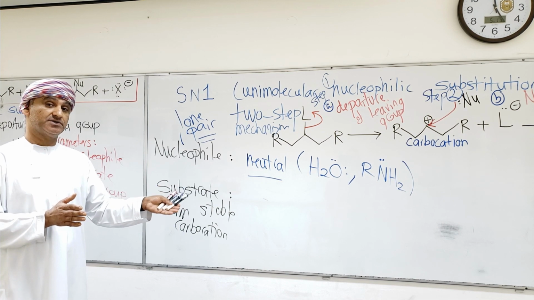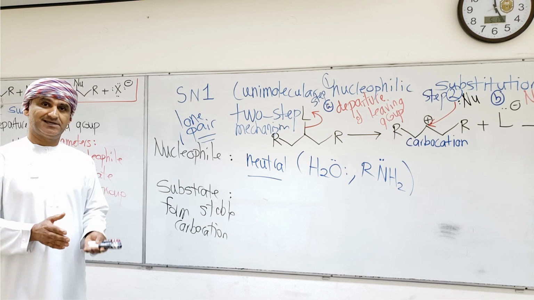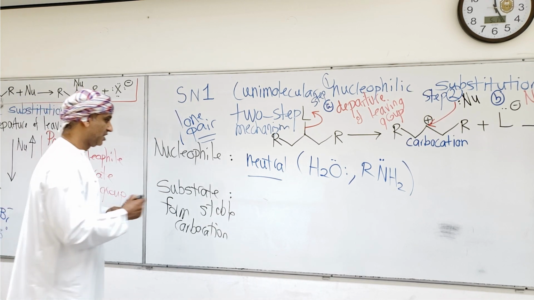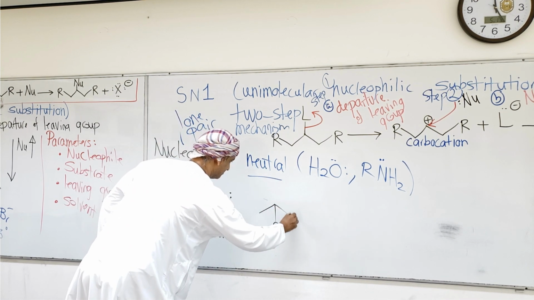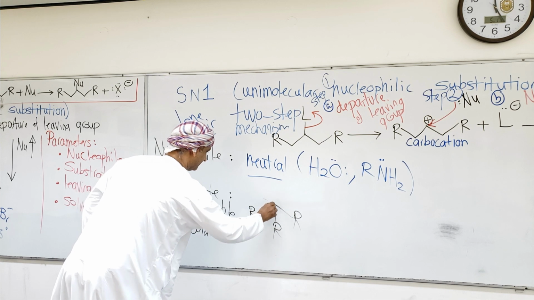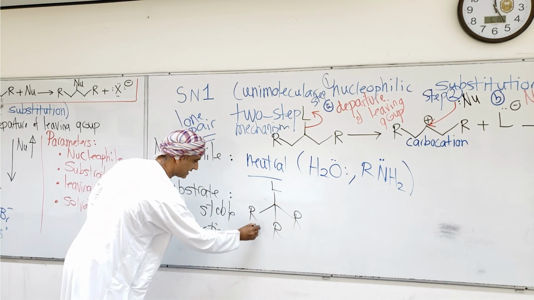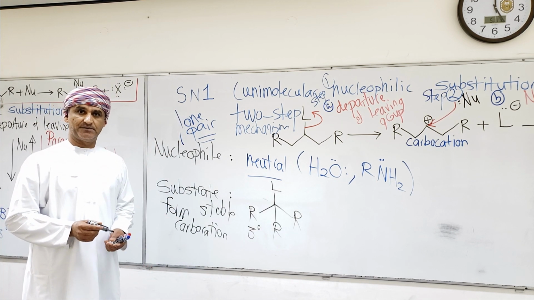Here they would be the most reactive because they would be able to make a very stable carbocation as the SN1 dictates. So tertiary substrates therefore are the most reactive. Tertiary substrates are the most reactive in this case because they will produce a very stable carbocation, a tertiary carbocation.